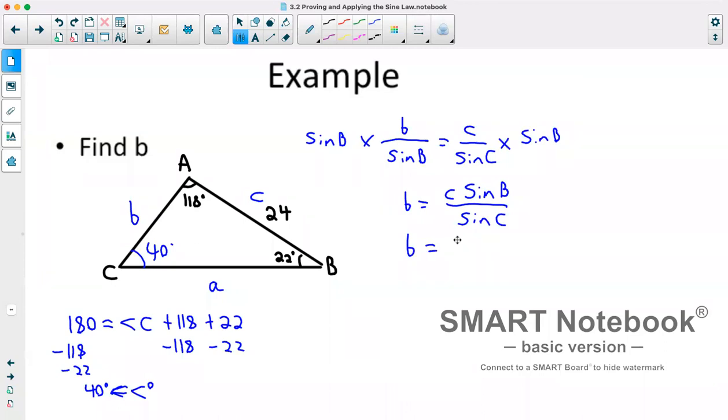So we have side length c, which is 24, sine of angle B, which is 22, divided by sine of C, which is 40. And that should give us 14.